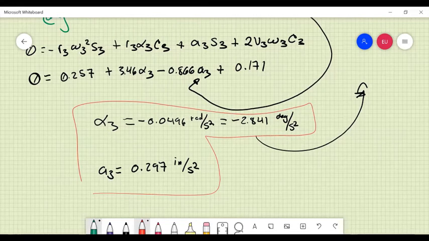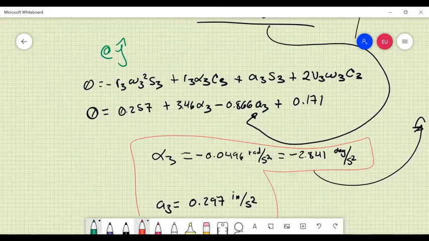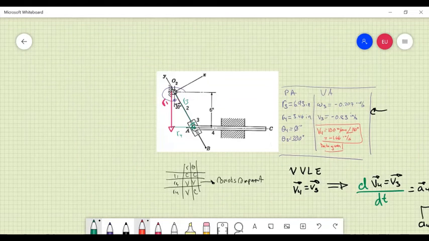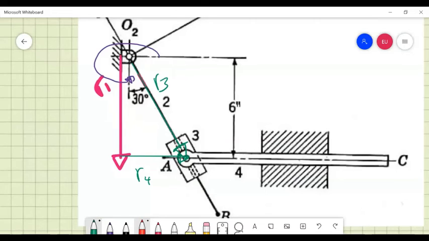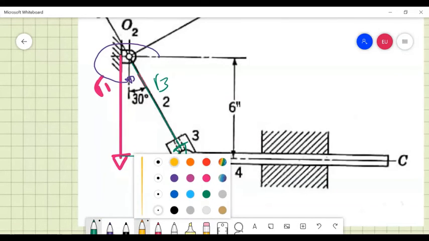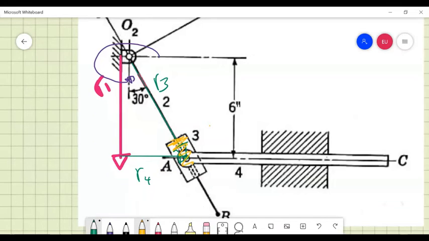Now let's check if it makes sense. Let me go back to the drawing. You know that this slider is allowed to move linearly along link 3, this link that is rotating, and also is allowed to rotate because that link is rotating.